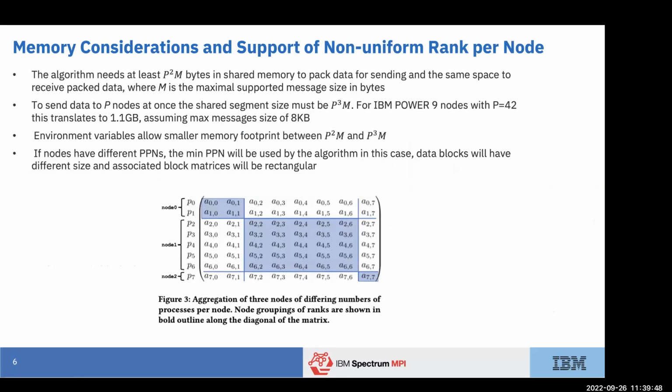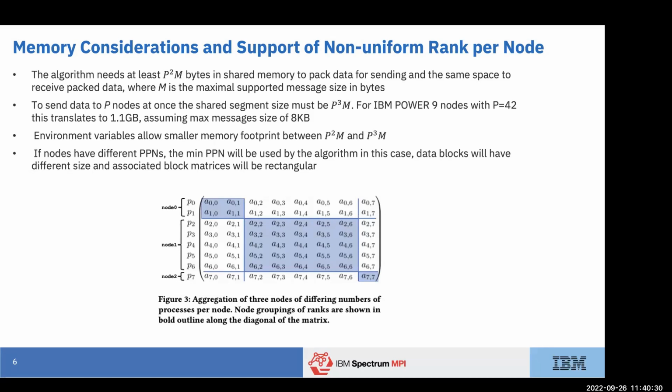Because we're using shared memory, it is important to look at how big the shared memory space we need is. The minimum space of the algorithm is p squared times m, where m is the maximal supported message size. For performance reasons, in this case, we will only use a single process to exchange data. If we want to use all processes to exchange data with other nodes, then the amount of data is p cubed times m.